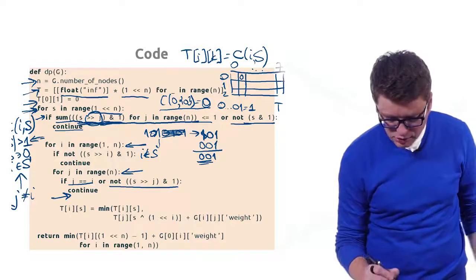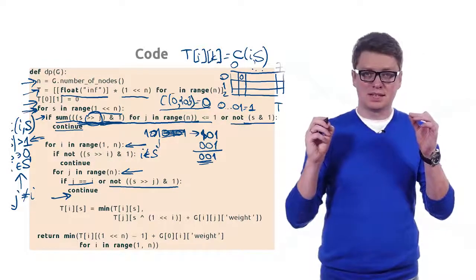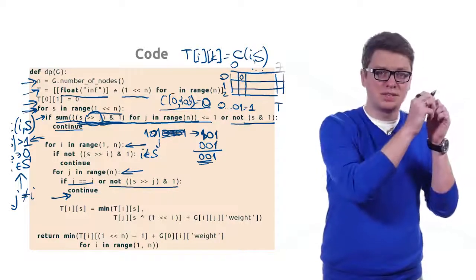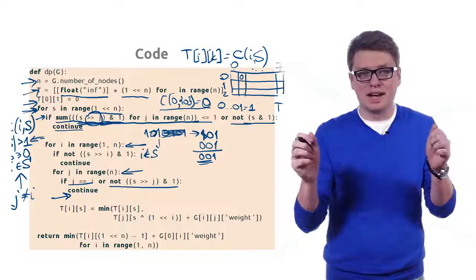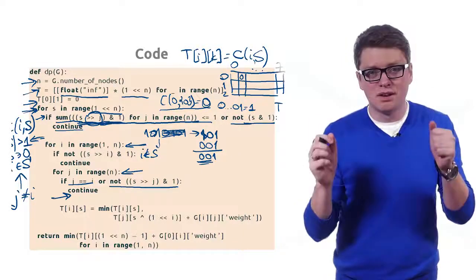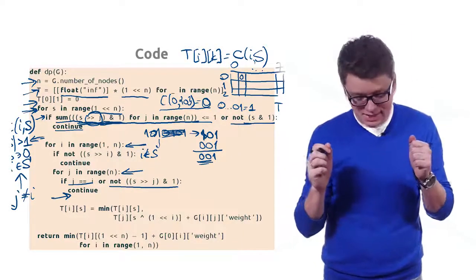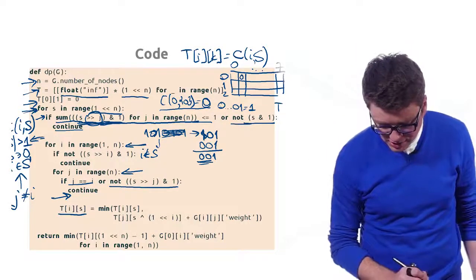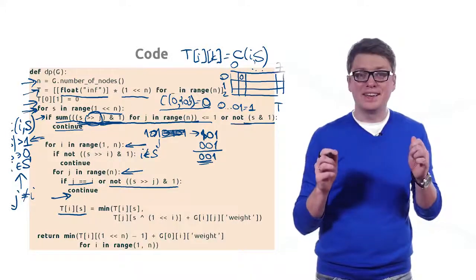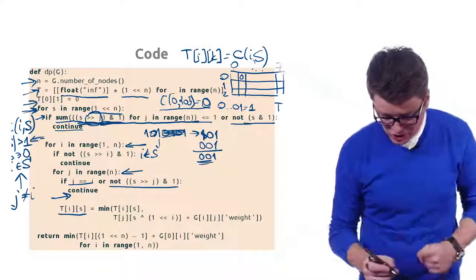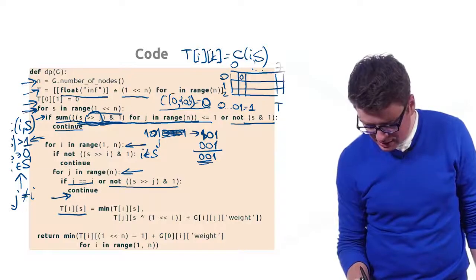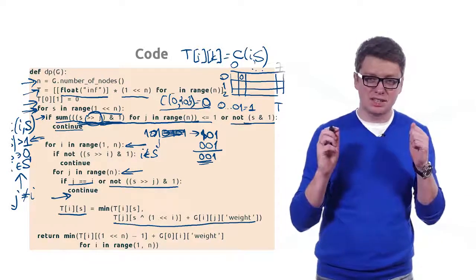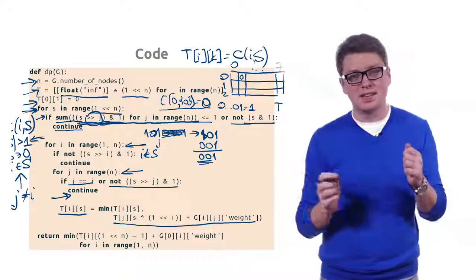So j is a good candidate to be the second to last node on an optimal path that starts at 0, ends at i, and visits all the nodes from the set S. And at this point we just try to improve the current value stored in T[i][S]. Namely, we check whether this expression is smaller than the current value of T[i][S]. And if it is smaller, then we store it in T[i][S].